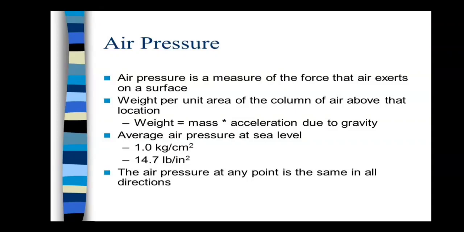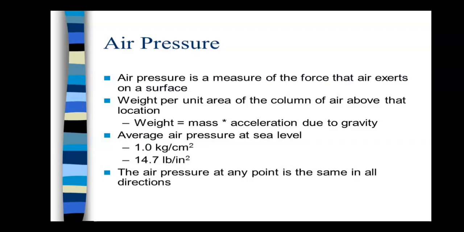Air pressure is a measure of the force that air exerts on a surface. It is the weight per unit area of the column of air above that location. Weight is equal to mass into acceleration due to gravity.